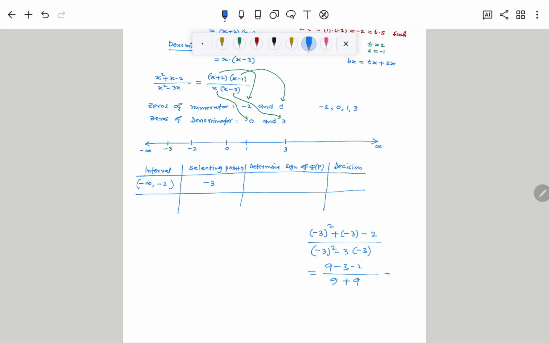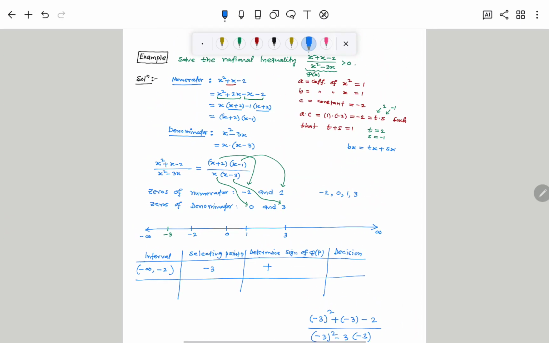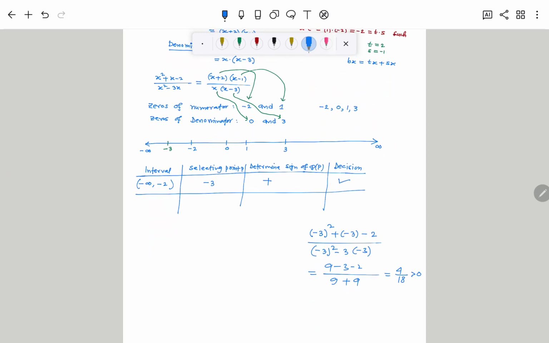So we get 4 divided by 18, which is positive. We need the rational expression positive, so this is acceptable, so I put the acceptable sign here.